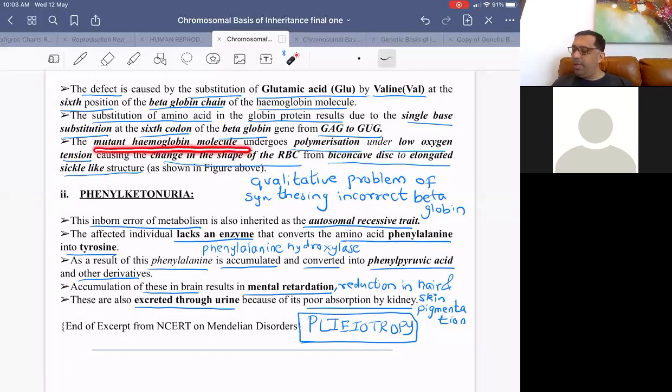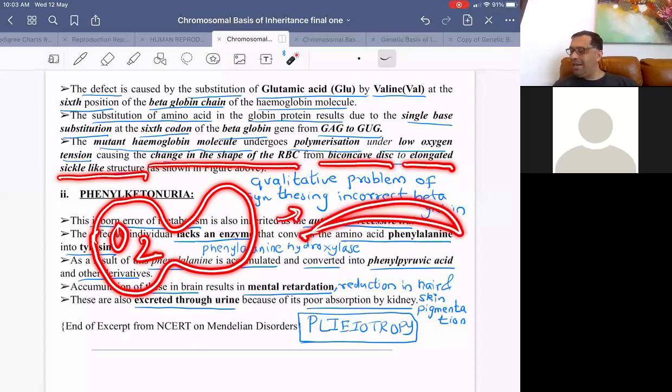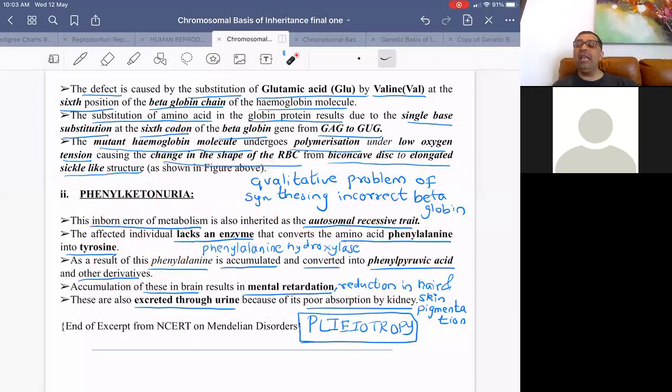That mutant hemoglobin molecule undergoes polymerization under low oxygen tension. Oxygen will decrease and change the shape of the RBC from a biconcave disc to an elongated sickle shape. Normal RBC looks like this, filled with a lot of oxygen. But now the oxygen binding capacity reduces, it will become like this, which is called a sickle shaped RBC with less hemoglobin, and it is called sickle cell anemia.